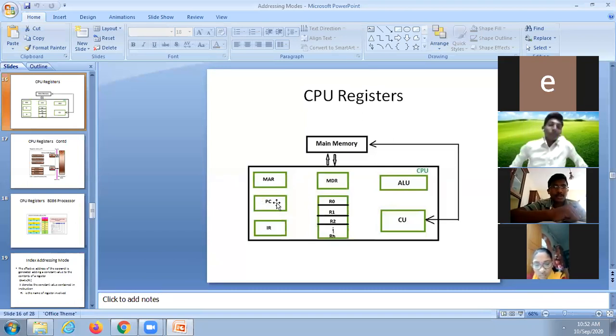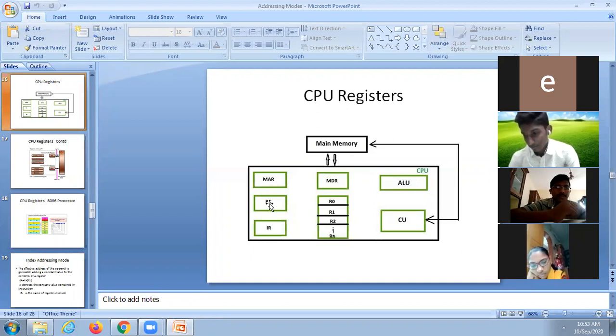So whatever address the program counter contains is pointed into the memory. How is it pointed to the memory? Through MAR. The program counter contents are to be stored in the memory address register. That means PC points to the memory by using MAR. Whatever the contents are in PC, that is copied to MAR.